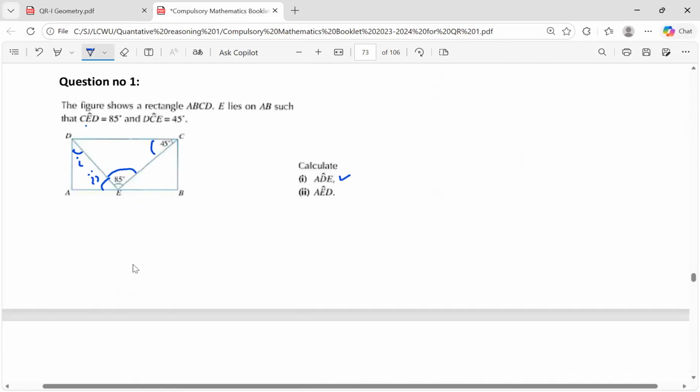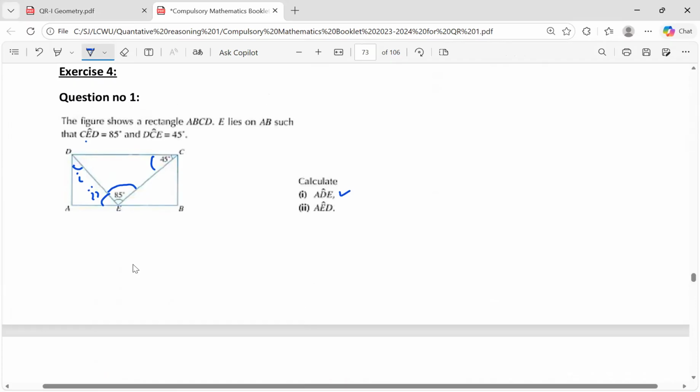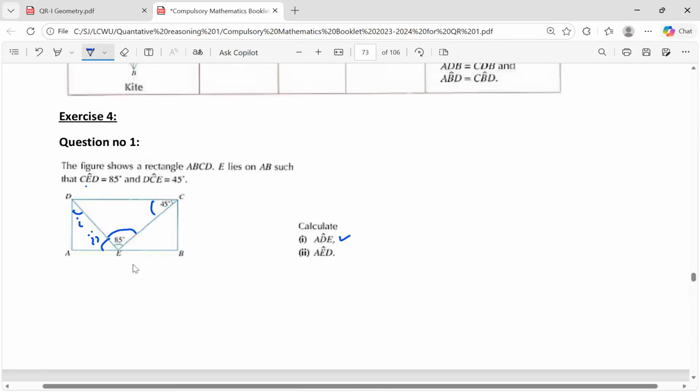Okay, let's solve this triangle. In question 1, in triangle DCE, the sum of three angles of a triangle is equal to 180 degrees. So angle EDC plus 85 degrees plus 45 degrees is equal to 180 degrees.